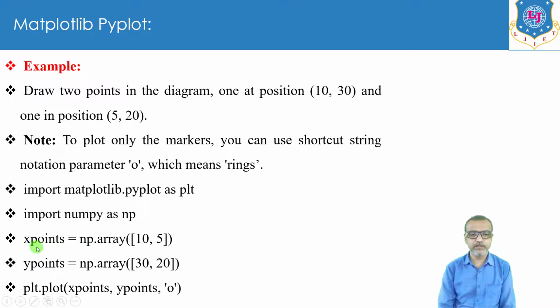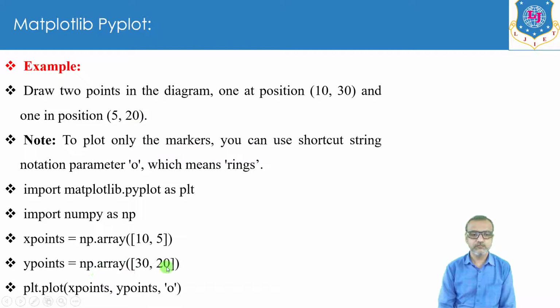Then we have to take x points. The x points are 10 and 5. So with this command, we create the array of x points, that is np.array 10, 5. Similarly, y points equals np.array 30, 20, as the y points are 30 and 20.